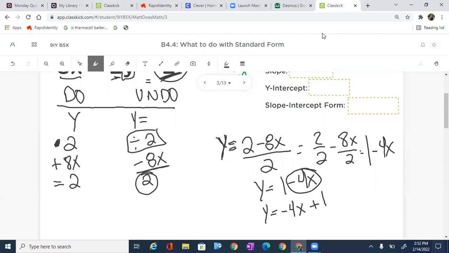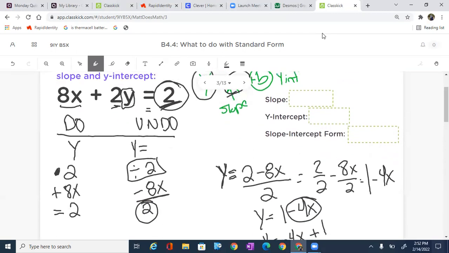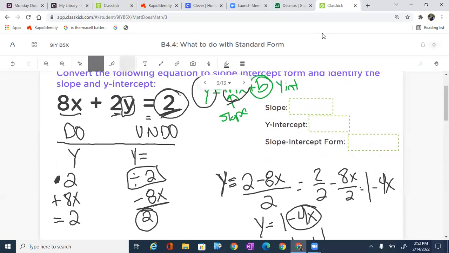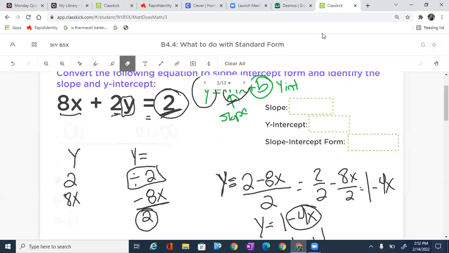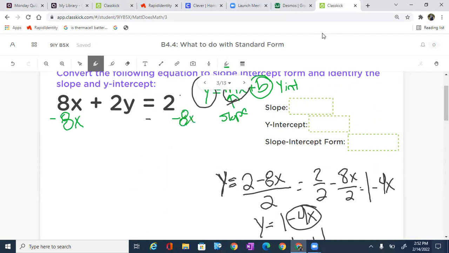Now, we just did this using a do-undo table. Of course, you can do this algebraically as well, and some of you have seen that before. So I'm going to do that as well. We get rid of that positive 8x. A lot of people would recognize that we get rid of that positive 8x with a negative 8x. So I just subtract the 8x over. 2y comes down, we get 2 minus 8x.